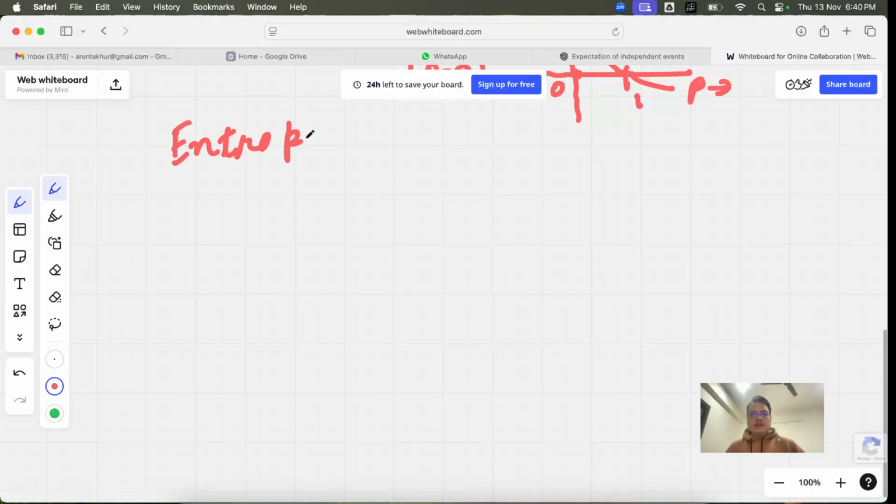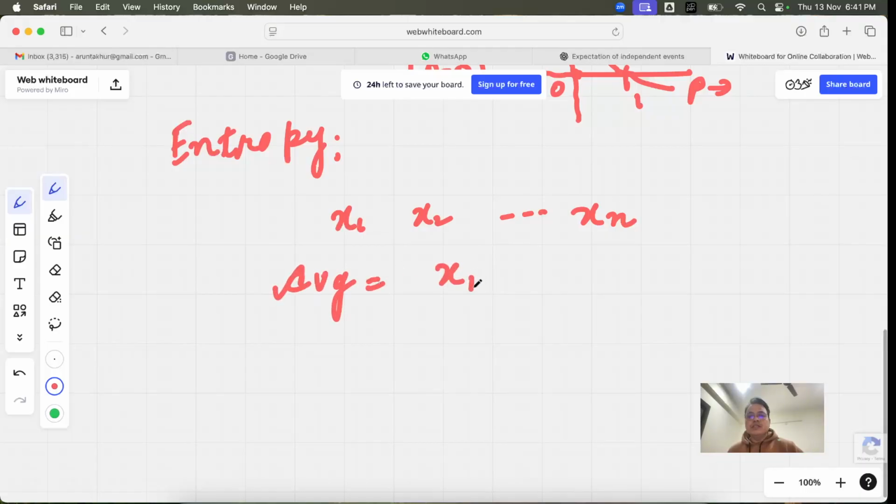So just to recall, what is an average? Let's say I have some elements from x1 to xn, and I want to find the average. Generally, to calculate the average of these numbers, we sum them, x1 plus x2 and so on till xn, and divide by how many numbers there are.